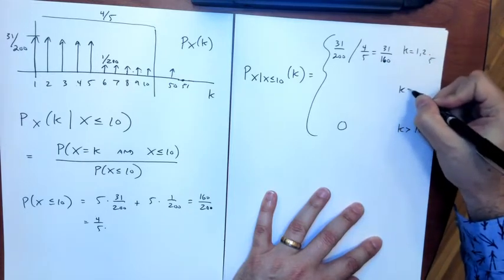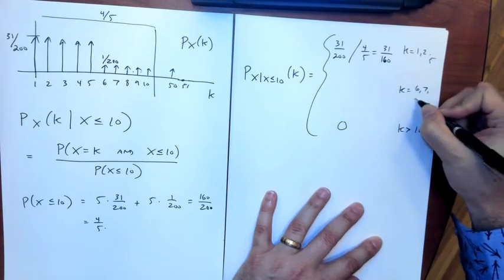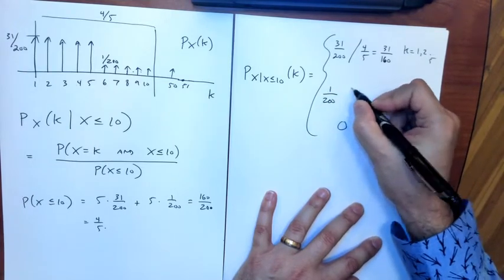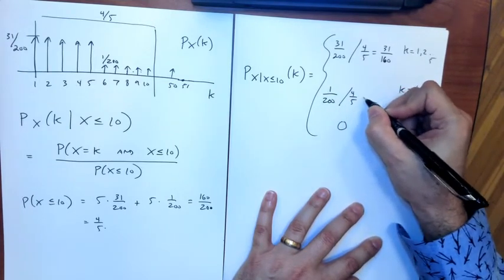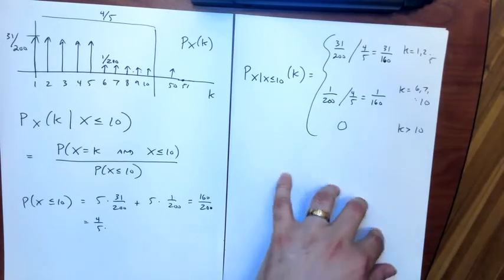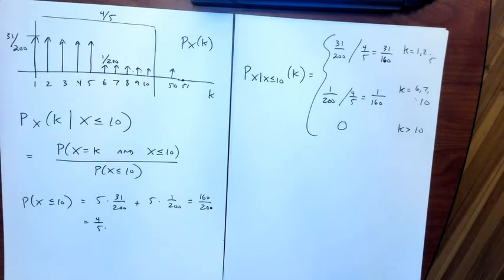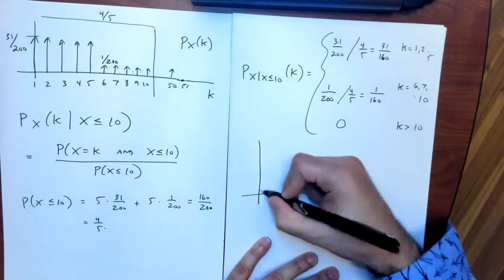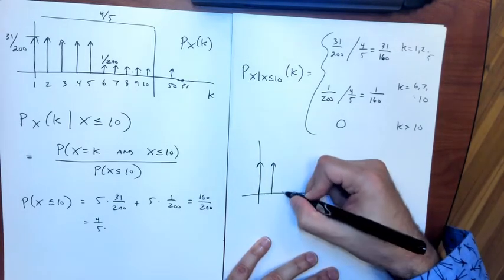And then for these next 5 values, I have 1 over 200 divided by 4/5, which is 1 over 160. And so the result looks kind of the same, except the values of the sticks are different.